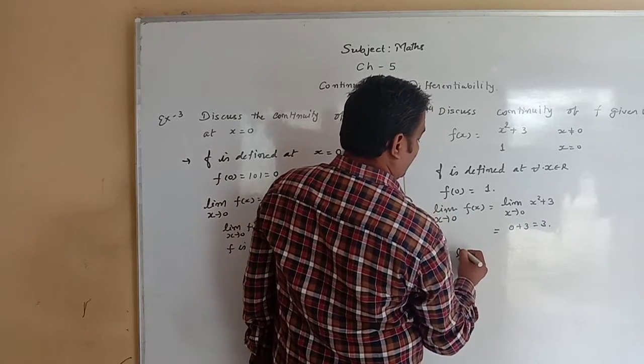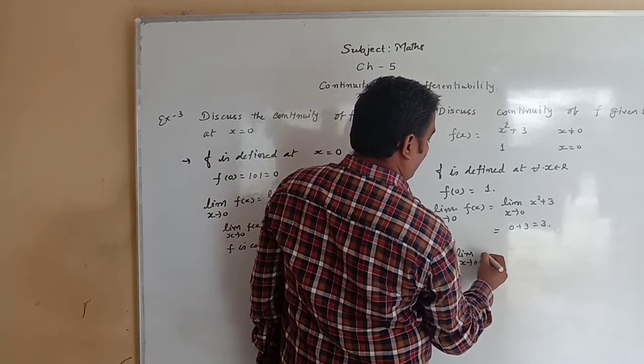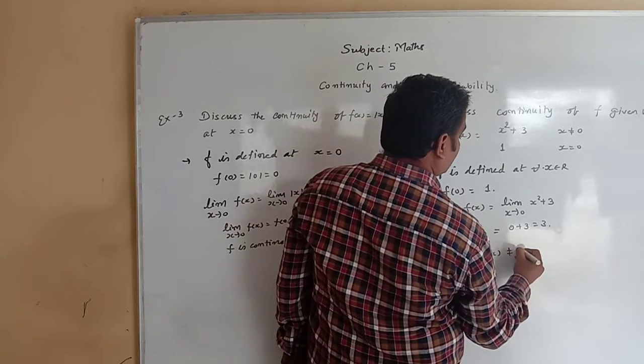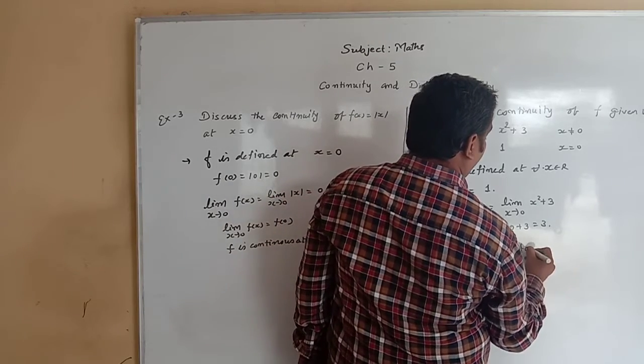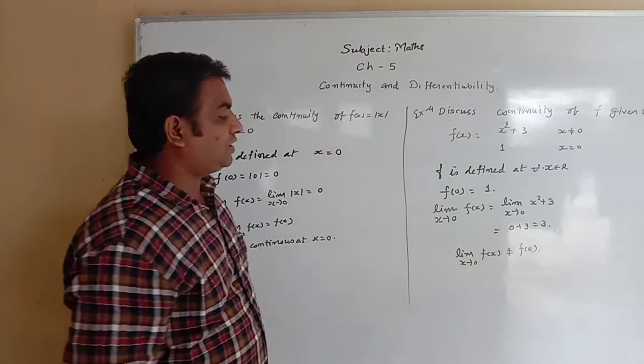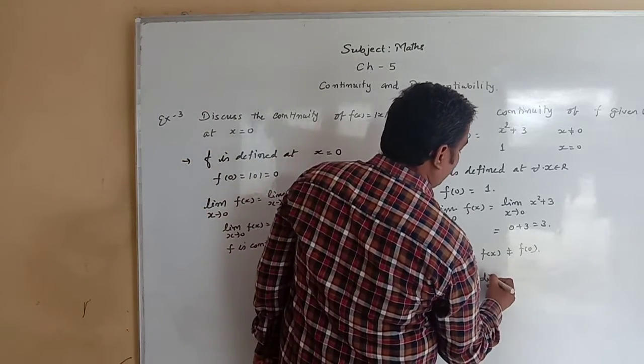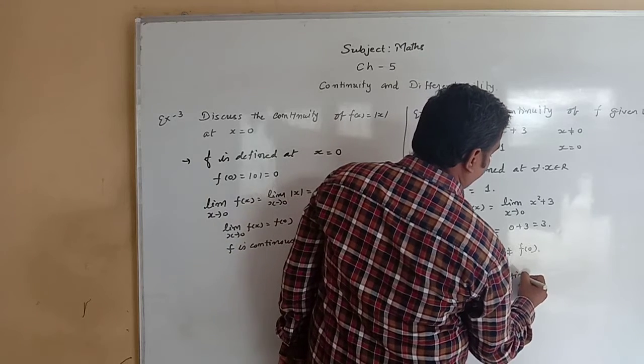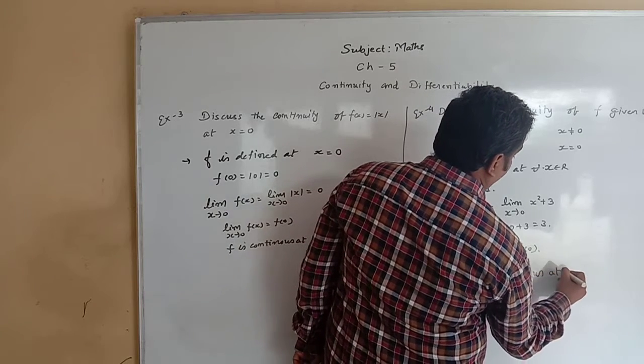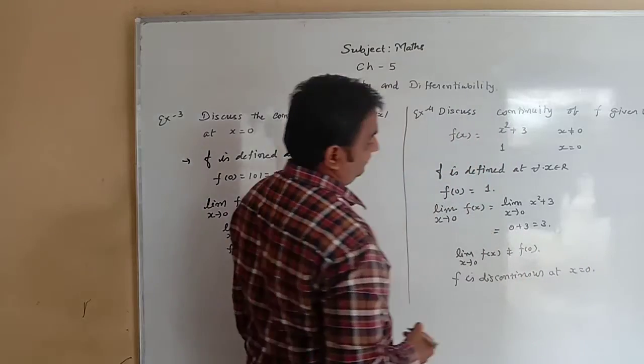So the limit of f(x) is not equal to f(0), and so we can say that f is discontinuous at x equals 0.